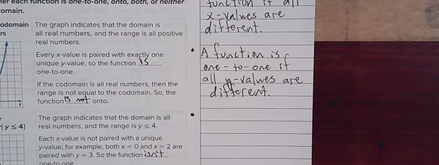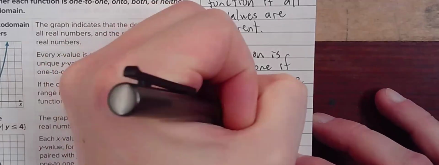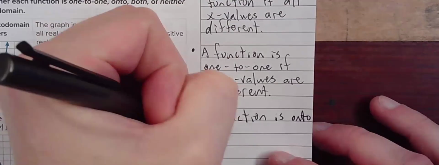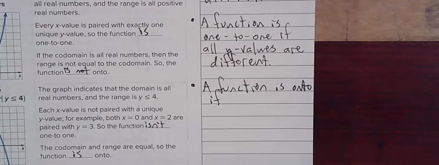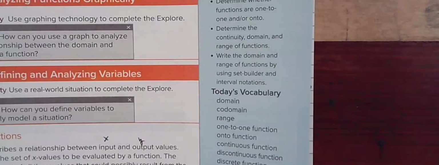Last one. A function is onto if, I think the best way to do this is what was written in yesterday's notes from page 3.